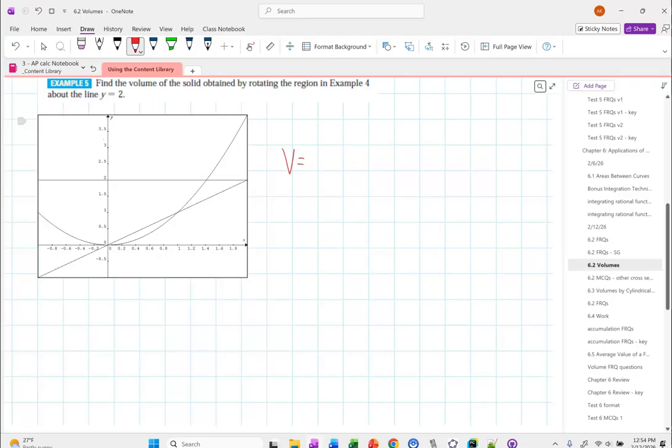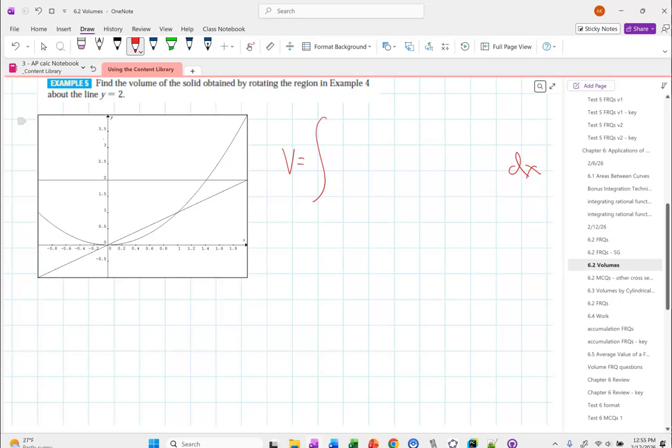All right. So again, we're going to be slicing perpendicular to the axis of rotation. We're rotating about a horizontal line, so we're taking vertical slices, which means we're incrementing down the x-axis. So we're going to be integrating with respect to x.